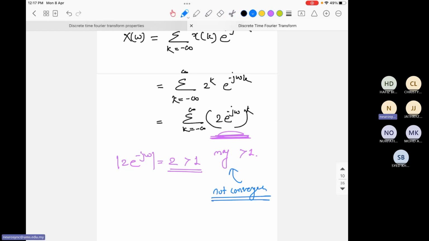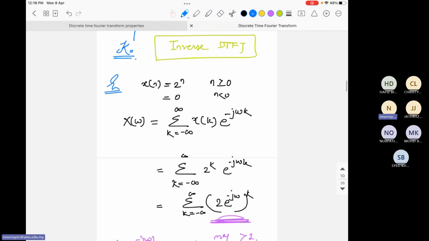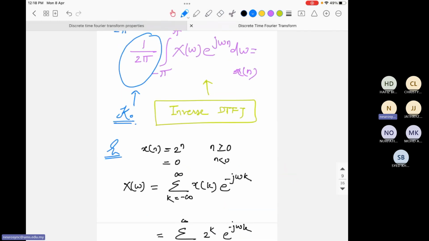Therefore, because this is not convergent, we can say that x of n does not have a Fourier transform. You can also say that this sequence is 2 to the power n, which is an unstable type of system.